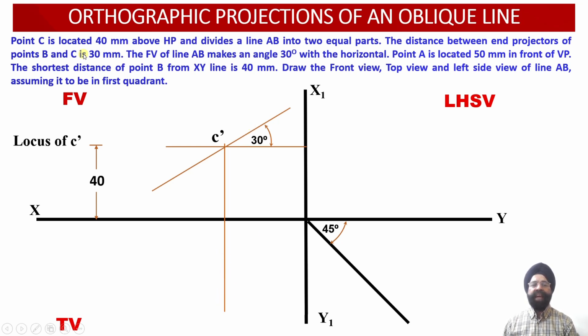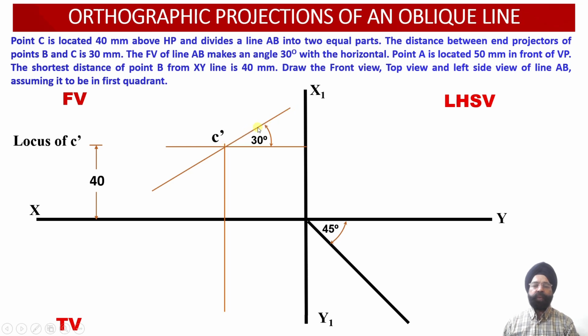So another thing we have got is that the distance between the end projectors of the points B and C happens to be 30 millimeter. As we have discussed earlier, here we are going to get A dash. Here we have already located C dash onto this projection line at an inclination of 30 degree, because the front view of the line lies at an angle of 30 degree over here.